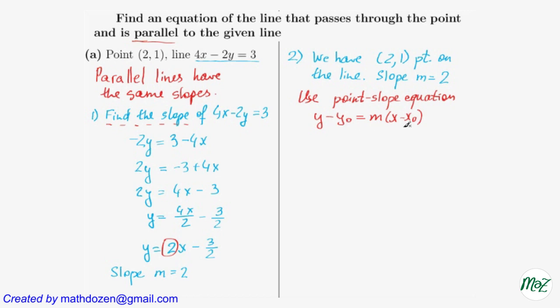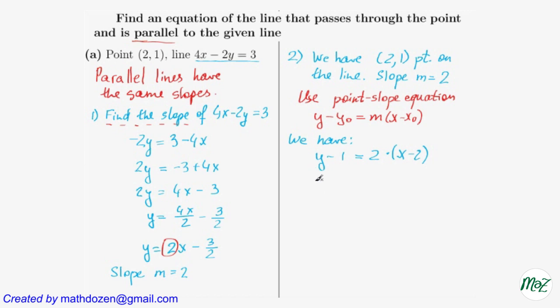Once again, we know all the numbers necessary. We know x naught is 2, y naught is 1, and the slope m is 2. We have y minus 1 is equal to 2 times x minus 2.